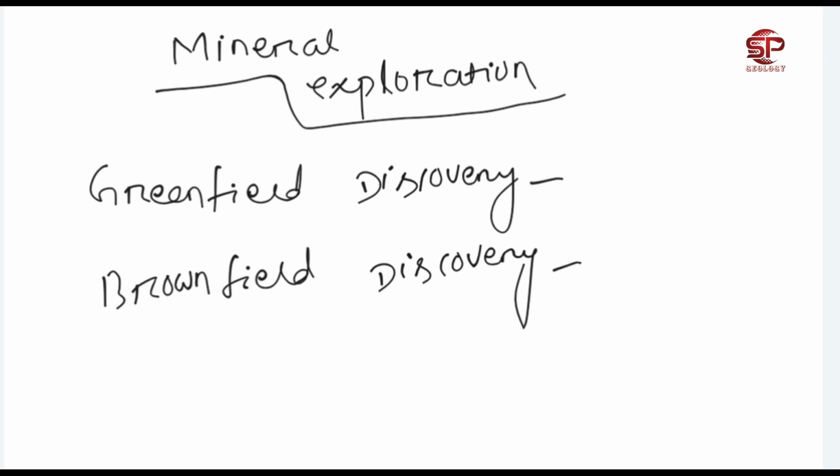That means an area where there is no deposition or information of any ore. Suppose there is a mine established in an area, where ore is already discovered. Then you just find another extension of that deposition.